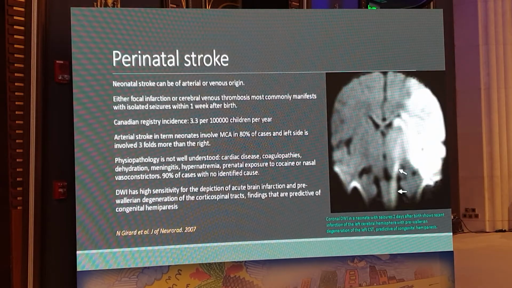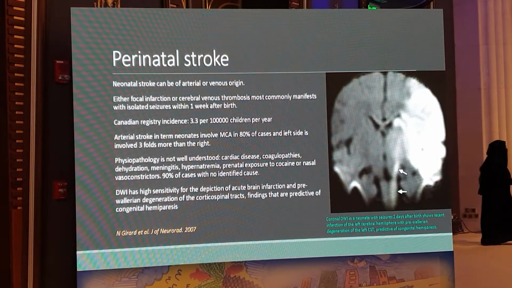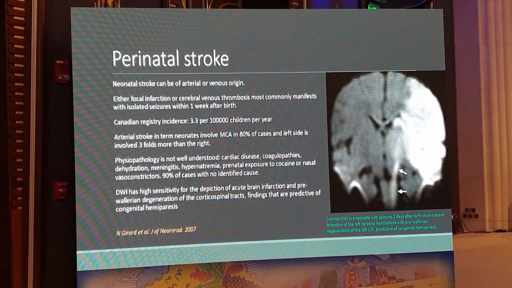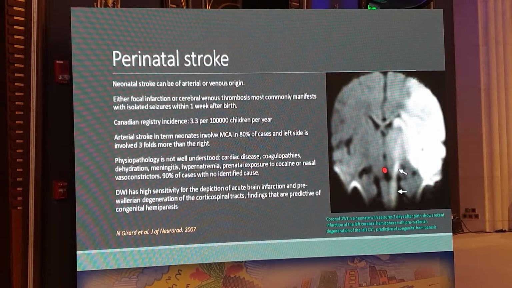A perinatal stroke can be arterial or venous. In 90% of cases there is no identified cause, and of course diffusion can show, as in this image, the MCA distribution, and we can see edema along the corticospinal tracts, which we call Wallerian degeneration.